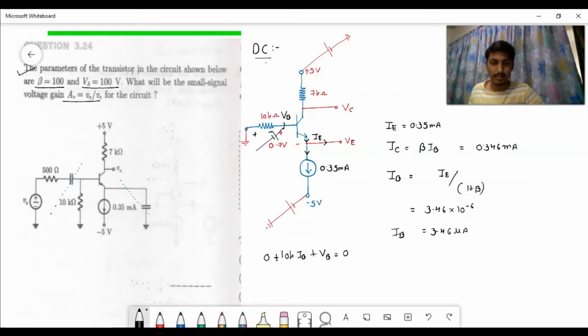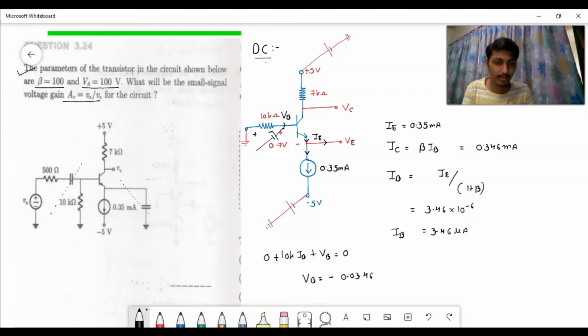If we solve it further, 10 into 10 raised to 3 into IB, which is 3.46 microamp into 10 raised to minus 6, that is 0.346, so VB equals minus 0.346.